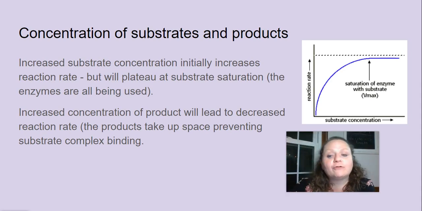Now, if we look at increased concentration of product, that actually is going to lead to a decreased reaction rate pretty quickly. The products take up space and they actually prevent the substrate complex binding from occurring. This would be if you were trying to check out at Walmart and it was Black Friday and there's people everywhere and you can't even get to the register.